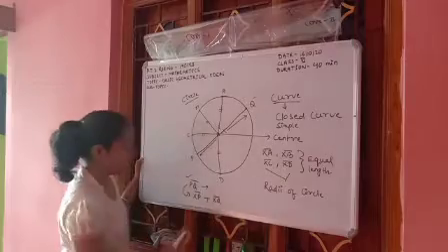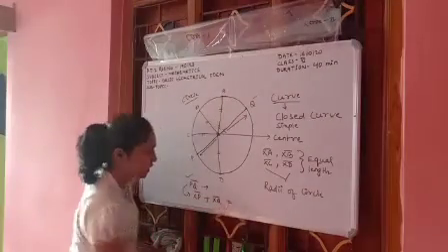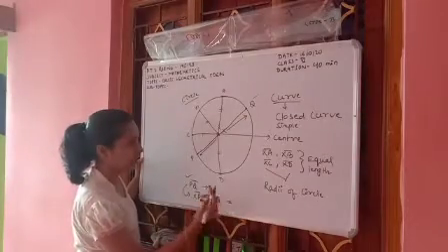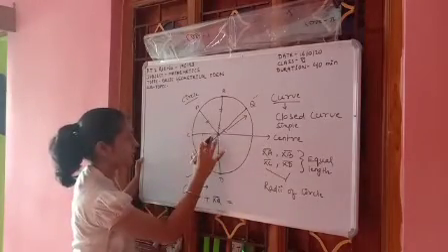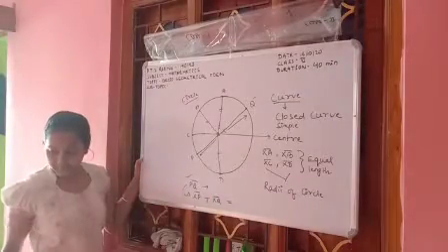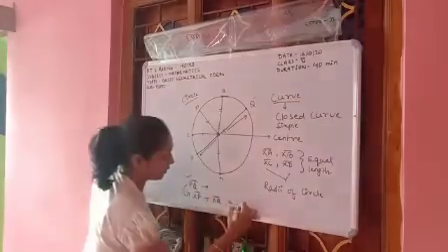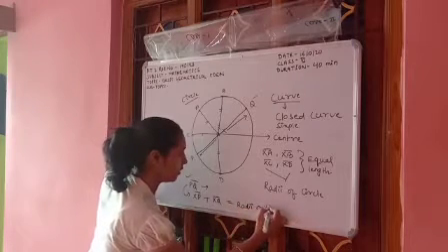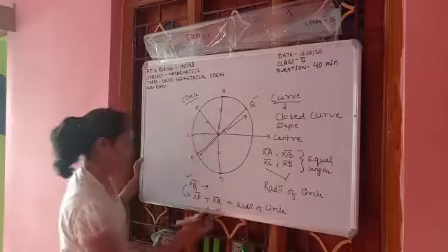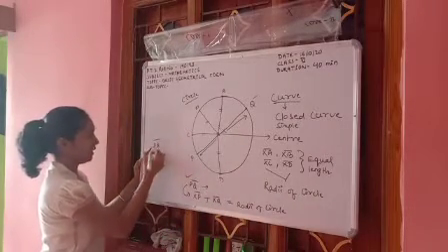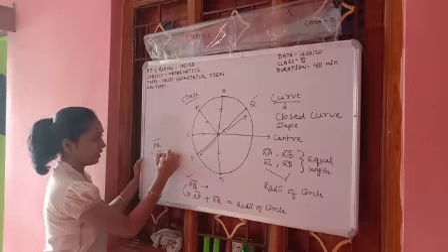These are the radii of the circle. Good. See, PQ is made up of XP and XQ.